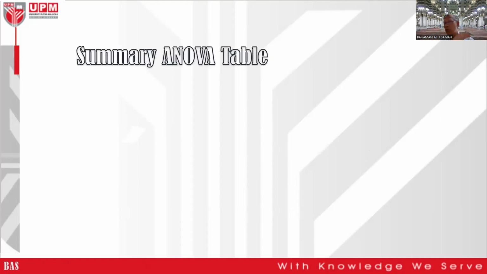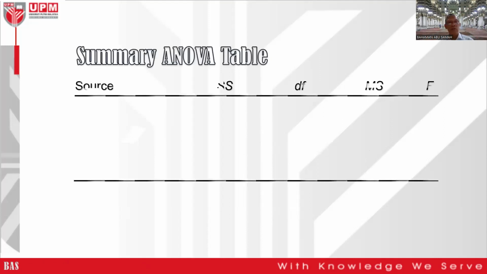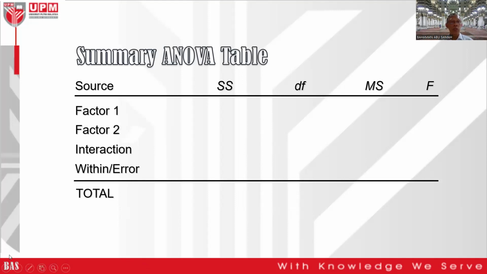we can straight away present the summary ANOVA table. As usual, we have source, sum square, degree of freedom, mean square, and F. The source will be between group for factor 1, between group for factor 2, between group for interaction, and within, and finally total.